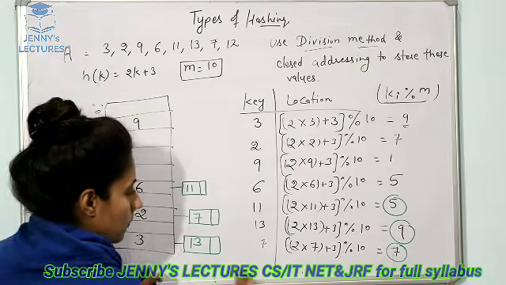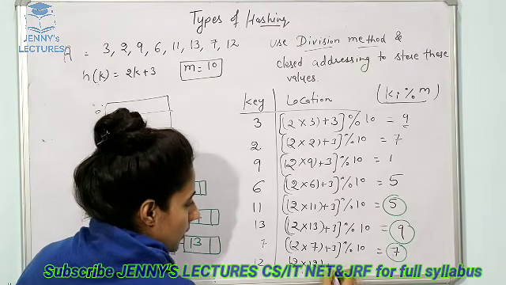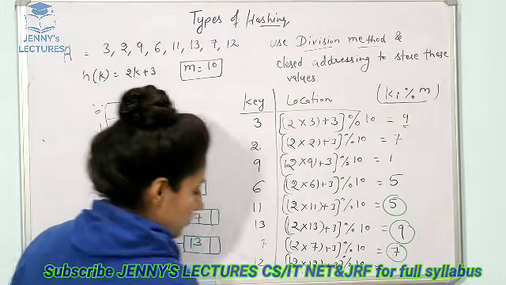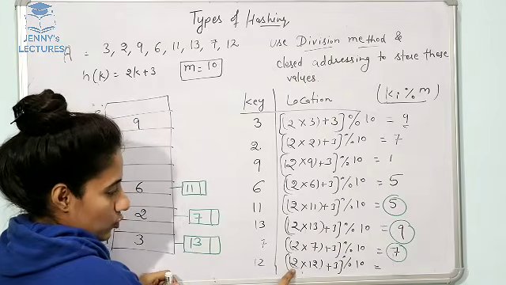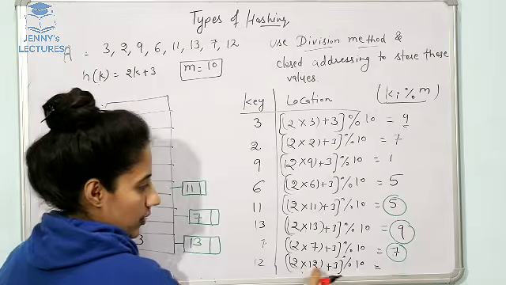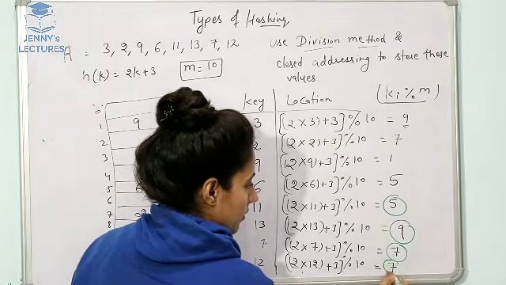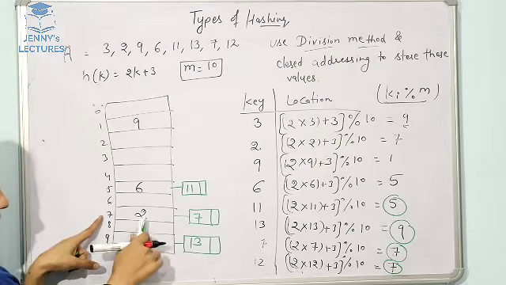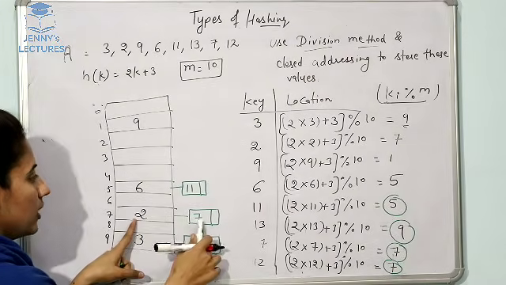Now next is 12. 2 into 12 plus 3 mod 10. What is this value? 12 into 2 is 24. 24 plus 3 is 27. 27 mod 10 is again 7. Now go to the 7th place. This is not free. You cannot store here. Go to the linked list part.